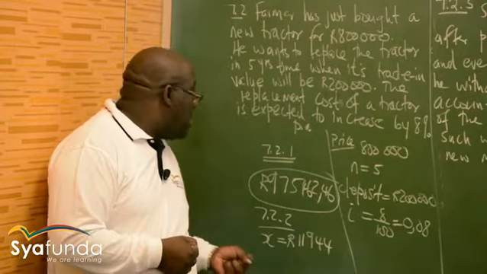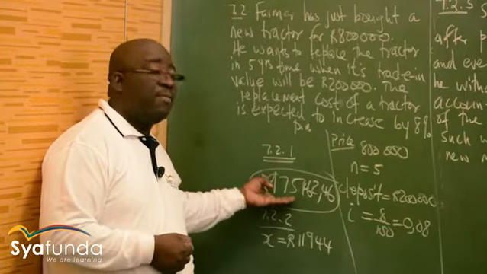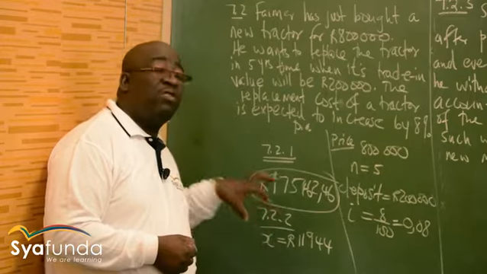In other words, we want to find out how much this farmer needs to save such that he will be able to buy this tractor, putting a particular amount of money such that even when he withdraws this 5,000 rand every year, it will not affect the amount of money that he needs to get in future.